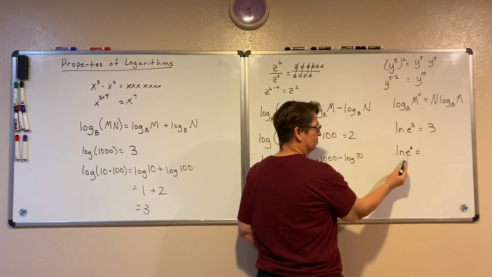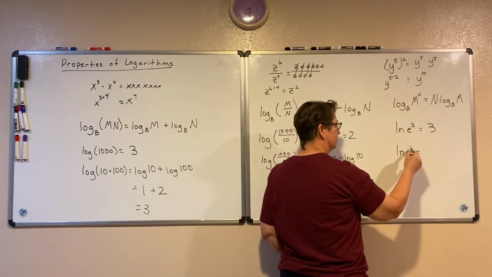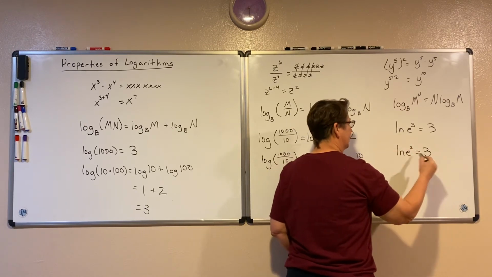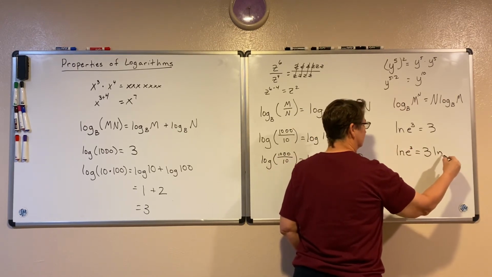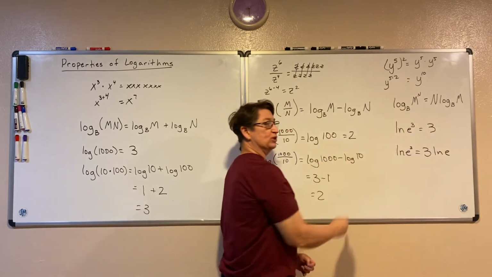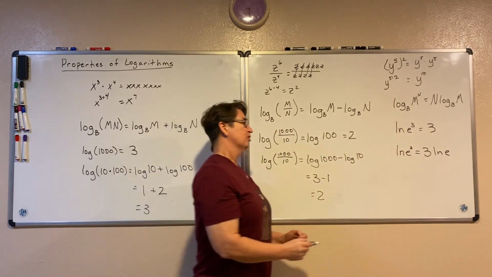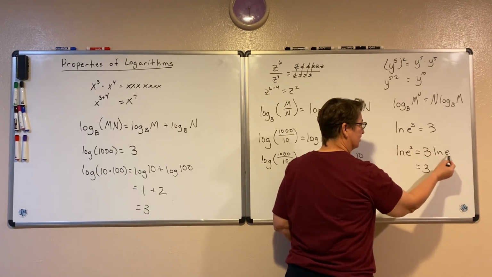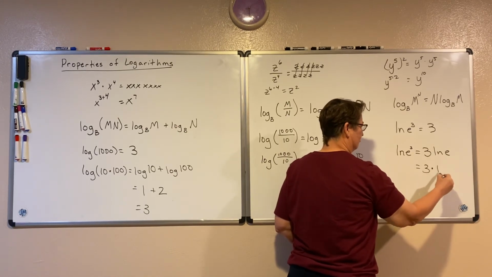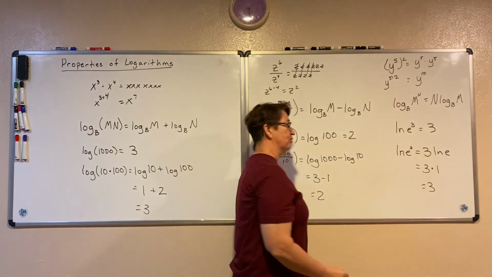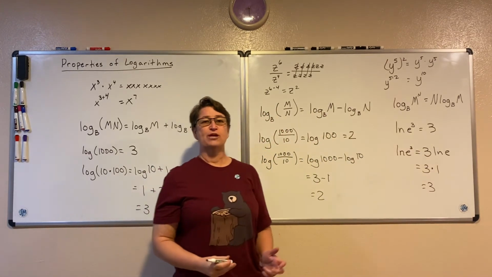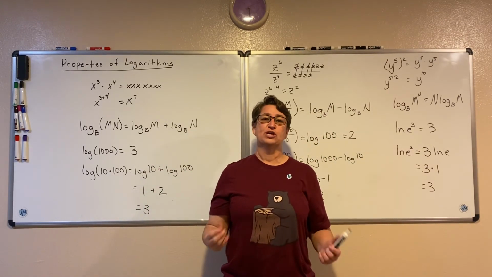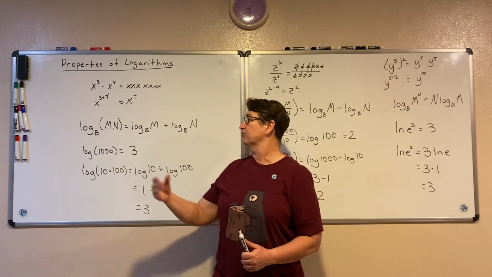Remember, we have understood e as our base. That 3 can be multiplied times this natural log of e, which is the power rule. Well, 3 times e to the first power gives me e, so that's just times 1, is also equal to 3.